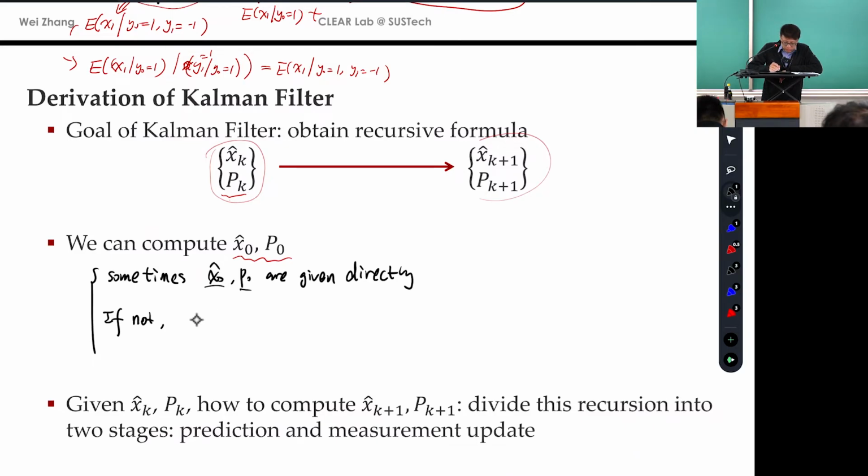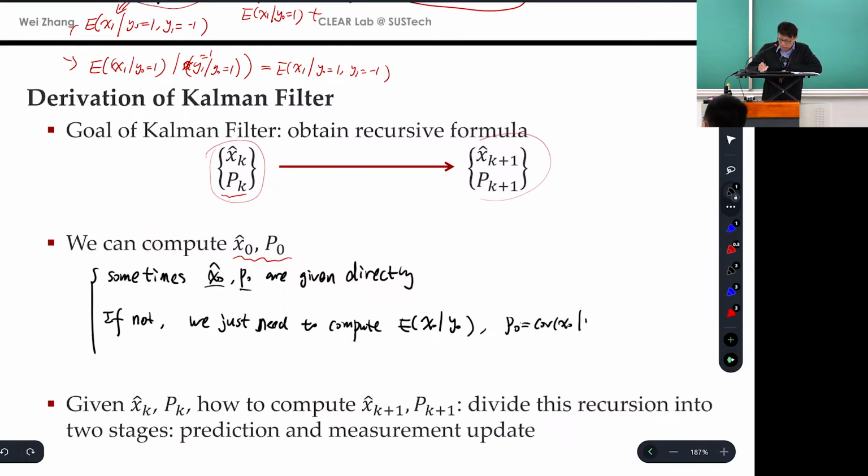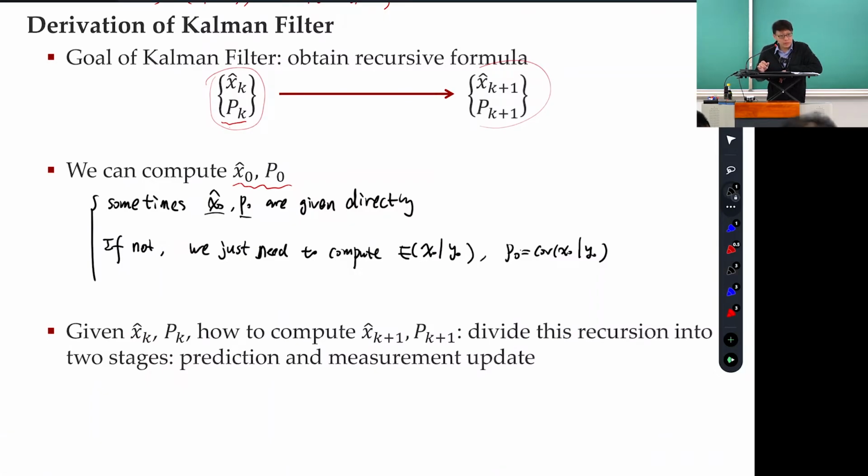We just need to compute the expectation of x0 given y0, and P0 is the covariance of x0 given y0. That's typically easy to compute. You can use one formula, the conditional expectation. They are jointly Gaussian, right? That's the starting point.